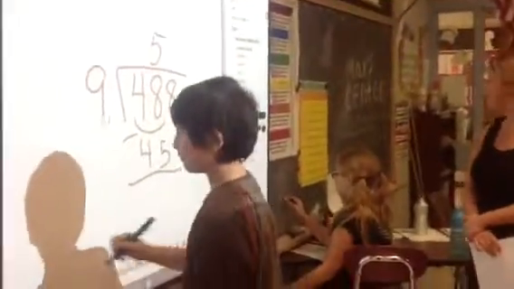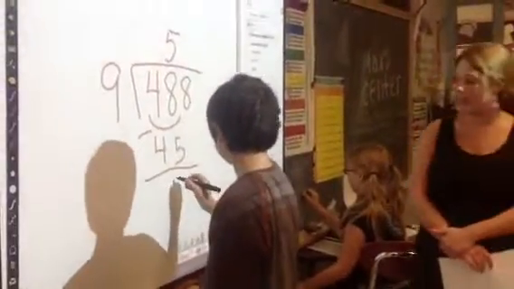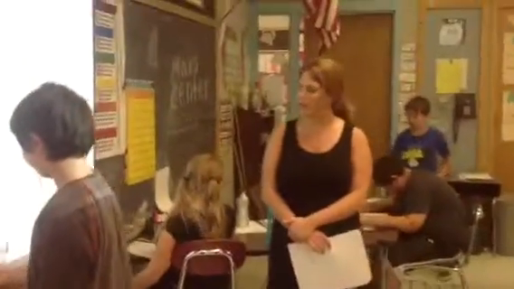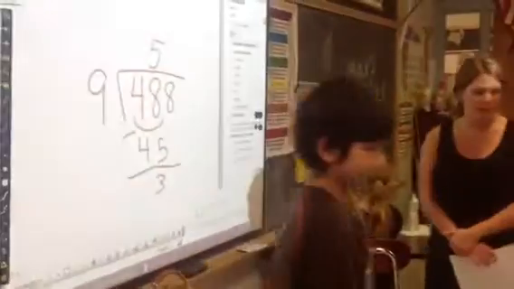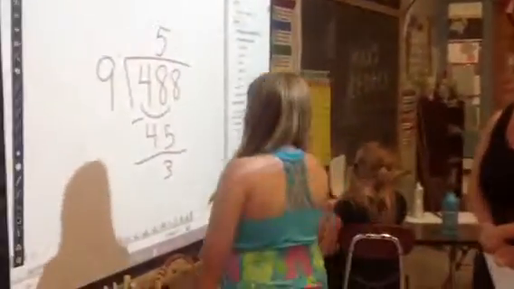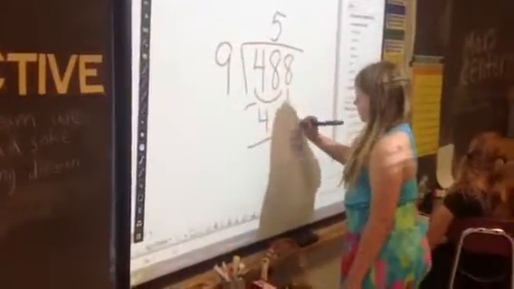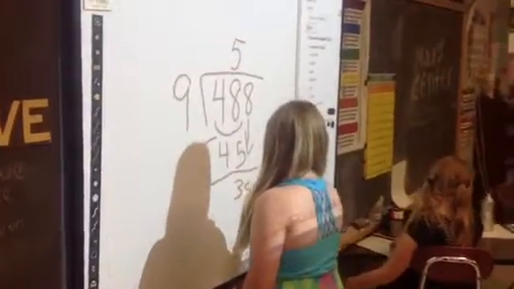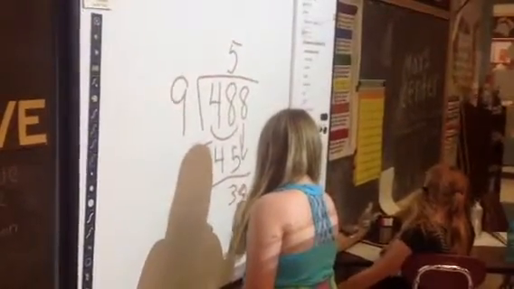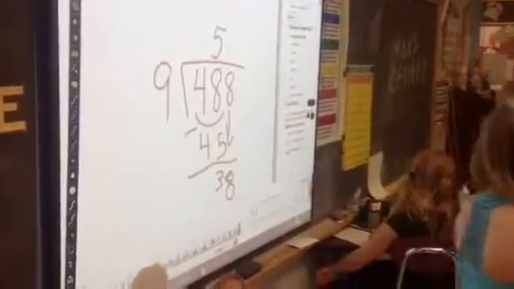So Wilson said he needs to subtract 45 from 48, and you're going to get 3. All right, your job is done. Who's up next? Miss Pull Down. Awesome. Who's up? Me. Good teamwork.